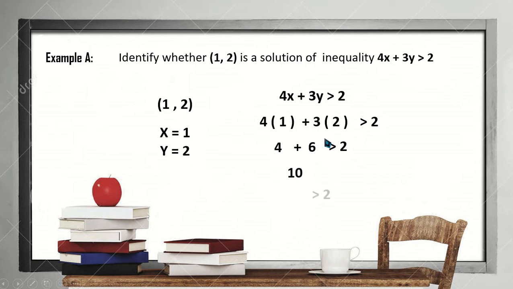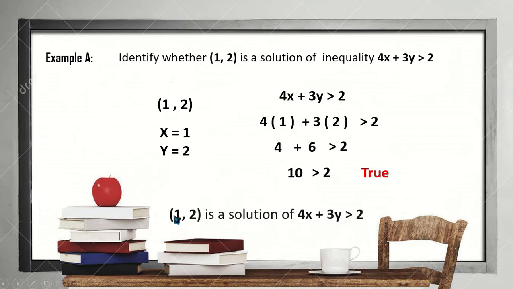So we have 10 greater than 2. Tama ba yung lumabas dito na yung 10 ay mas mataas sa 2? Since tama, ibig sabihin, this is true. Ang ibig sabihin nun, si 1 and 2 is a solution of 4x plus 3y is greater than 2.